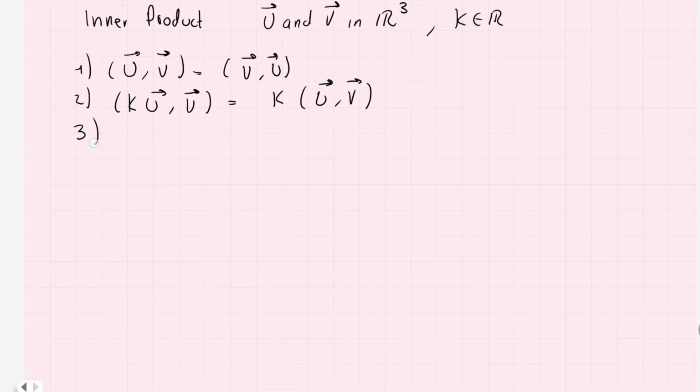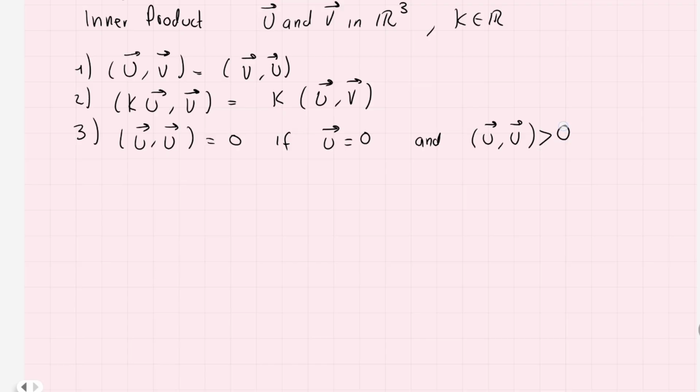Then the third property is that the inner product between u and u is going to be 0 if u is equal to 0, and the inner product of u with u is going to be greater than 0 in the case of u different from 0, of course.